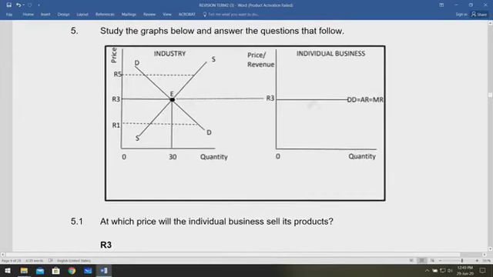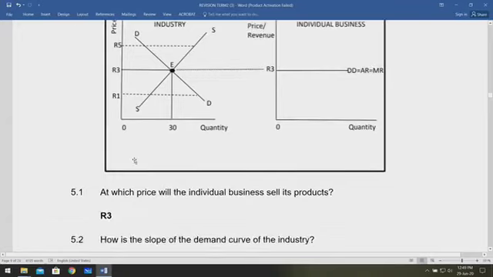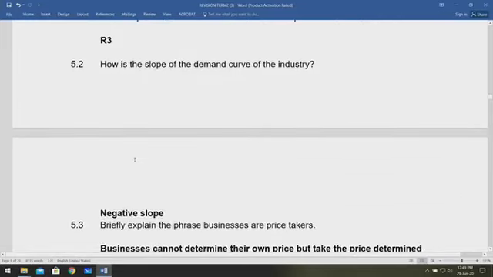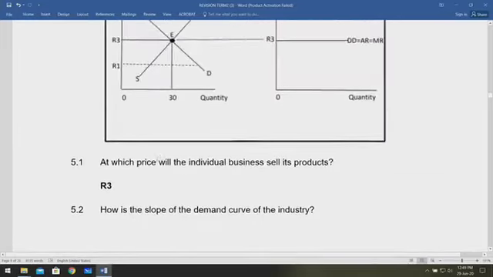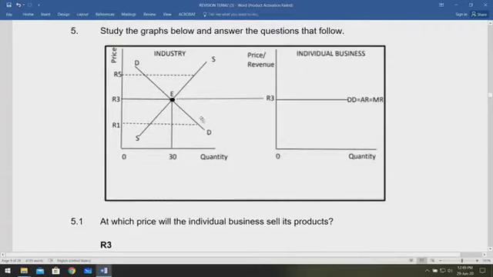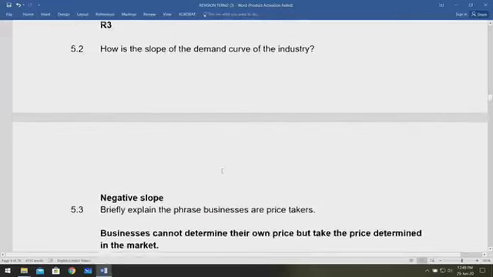The slope of the industry: we're looking at this demand curve here. It runs from your top left to your bottom right, so it has a negative gradient. Therefore, your industry curve has a negative slope.